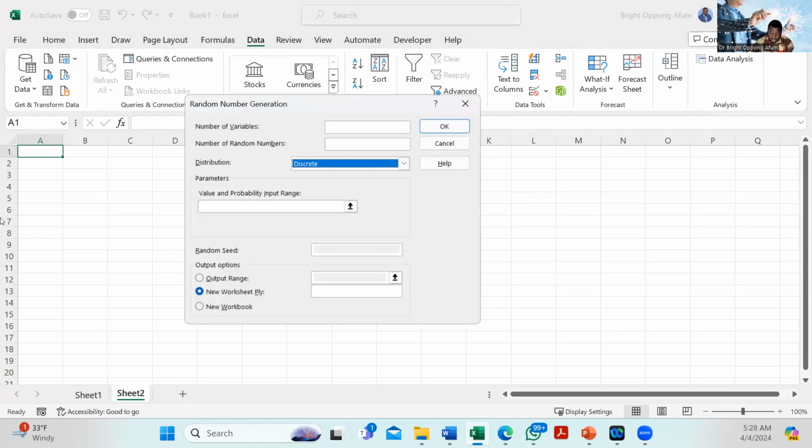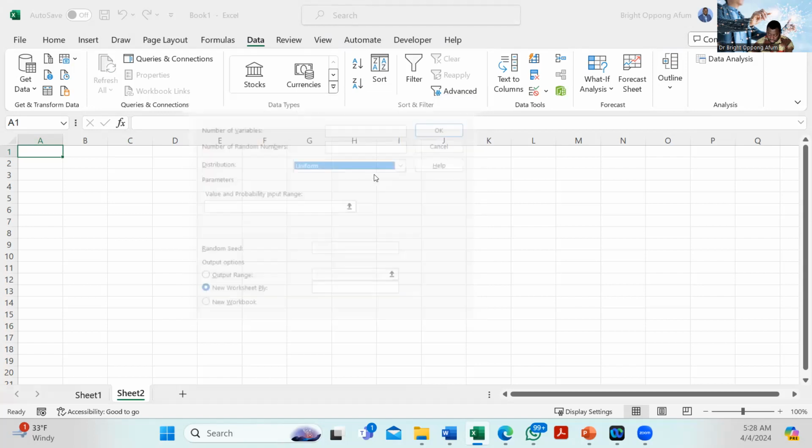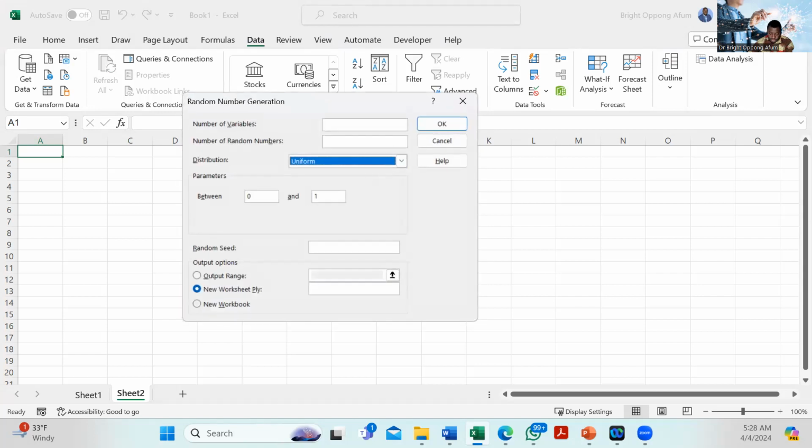So I look at the generation of these numbers. Let's say that we want to use uniform distribution.